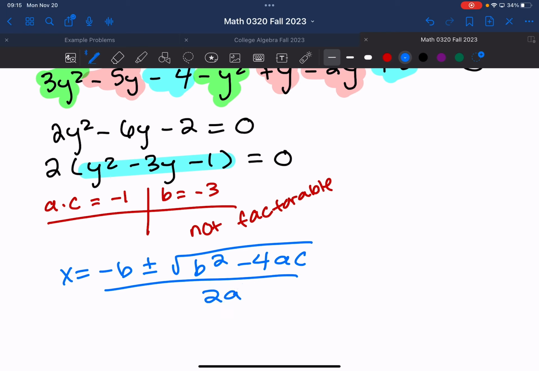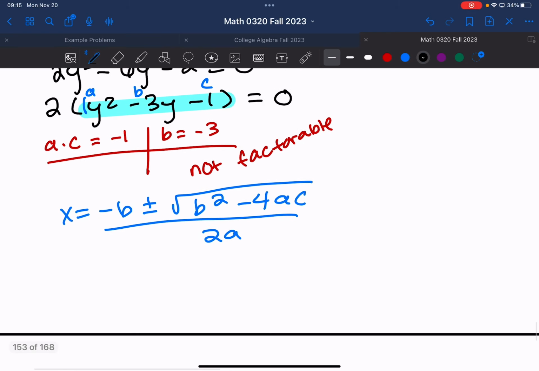So in this case, our a value is 1, our b value is -3, and our c value is -1. So I'm going to plug all those in. So x is equal to -b. Our b value is -3, so it's already negative.